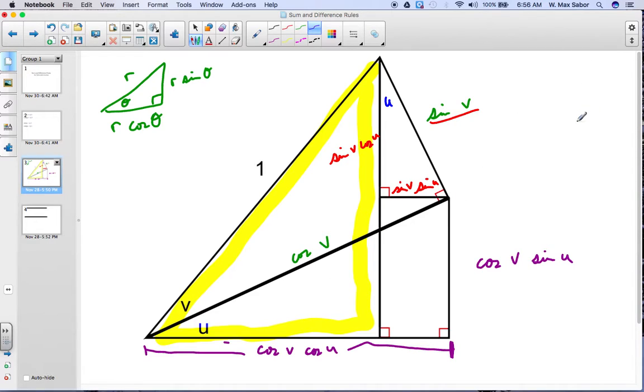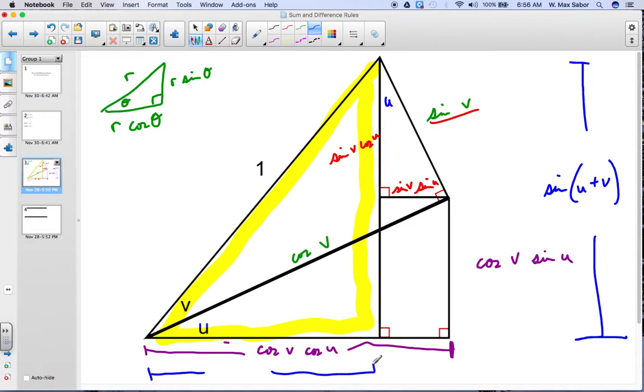So this means that the opposite side, this whole opposite side, is sine of the acute angle, which is u plus v. And for this side, that is the adjacent side, so this is cosine of u plus v.